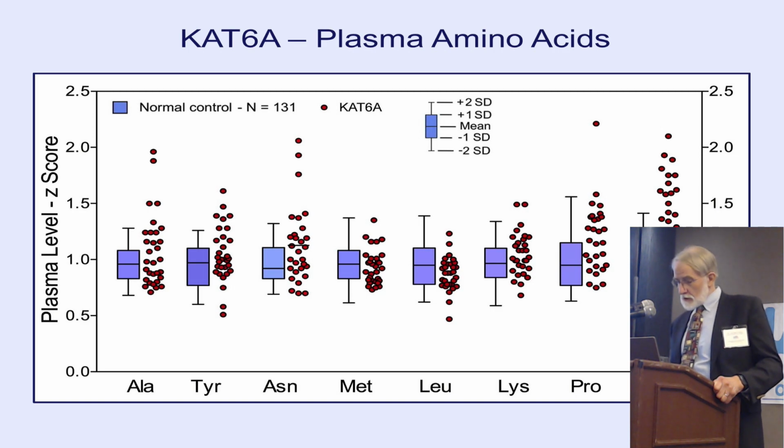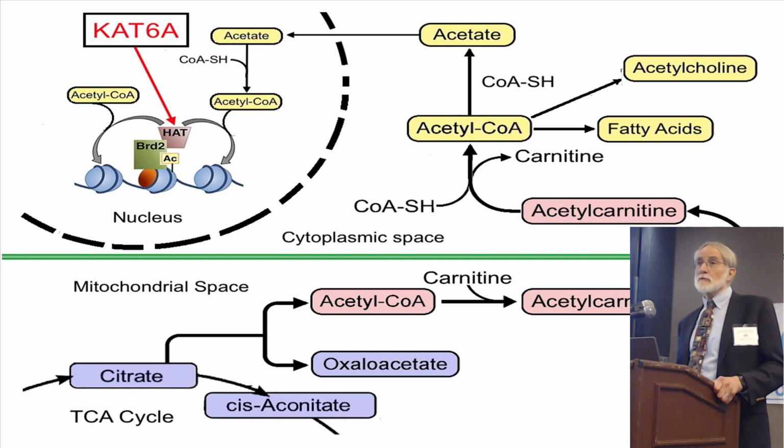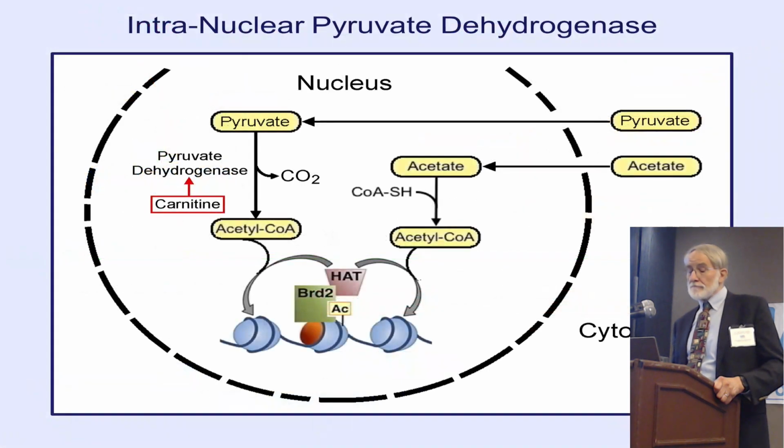So where are we? Okay. So this is just to show the pyruvate dehydrogenase, the enzyme here. Pyruvate comes in from metabolism of glucose mostly, so there's ample pyruvate in most cases. Acetate is also produced from the citric acid cycle. So these both get into the cell and get into the nucleus.